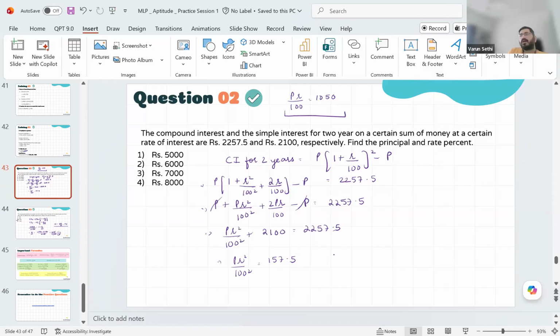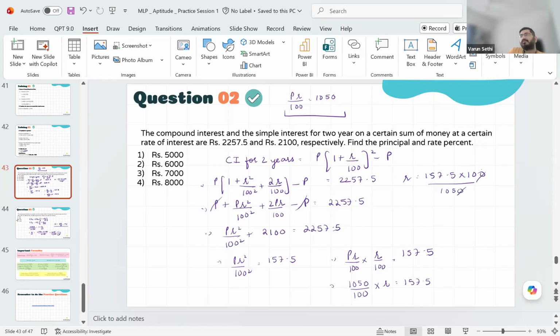Now PR square upon 100 square can be written as PR upon 100 into R upon 100. Yes or no? So I know PR upon 100 is 1050, and the product is 157.5. R is equal to 157.5 into 100 upon 1050.